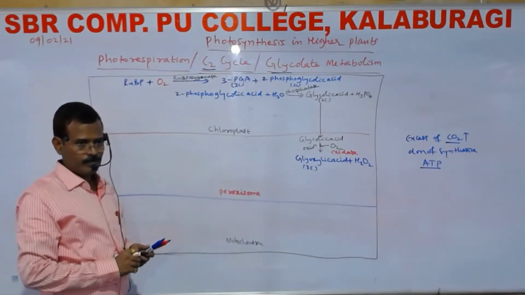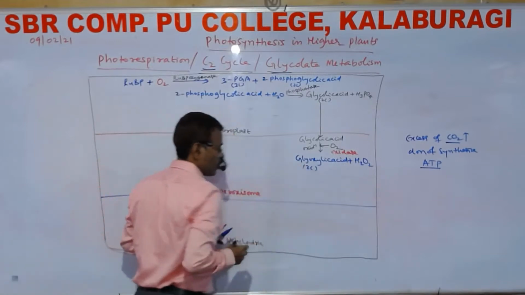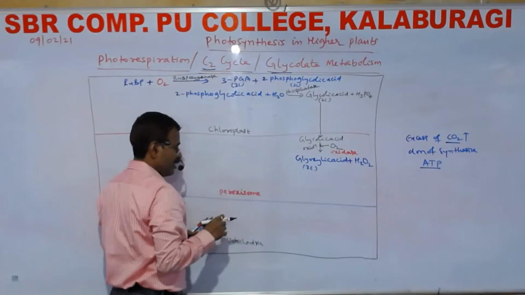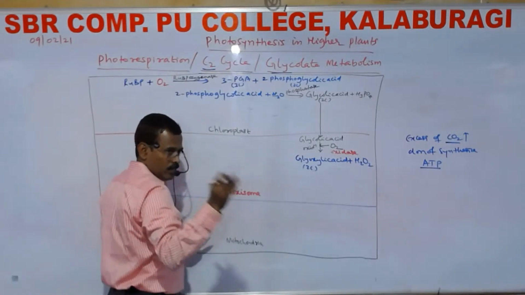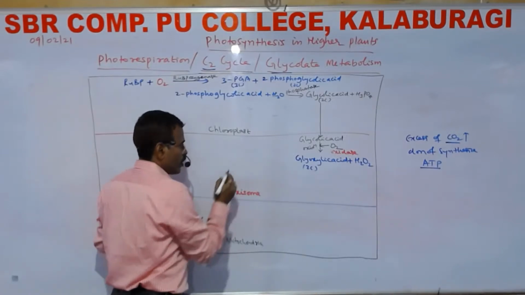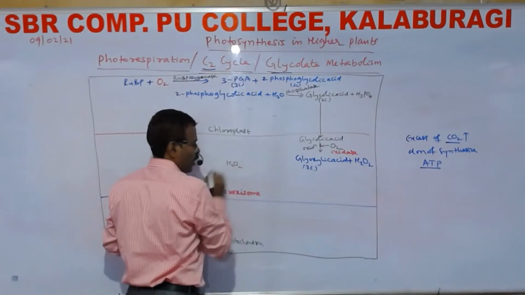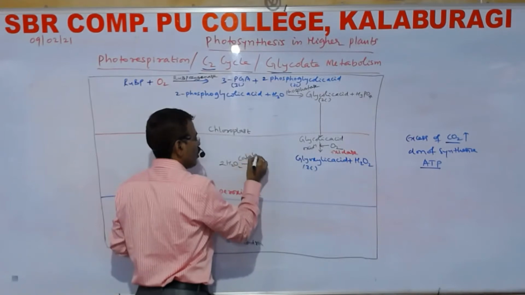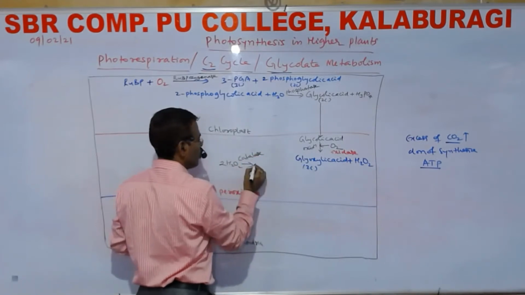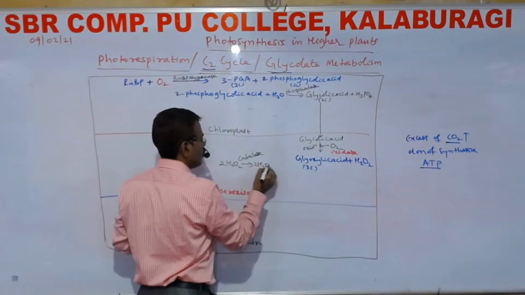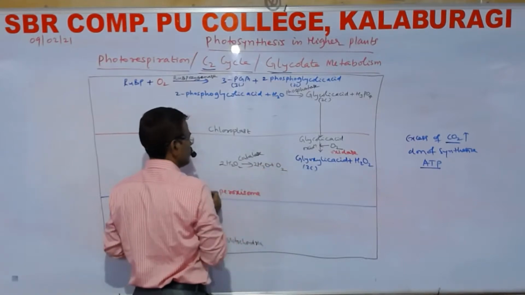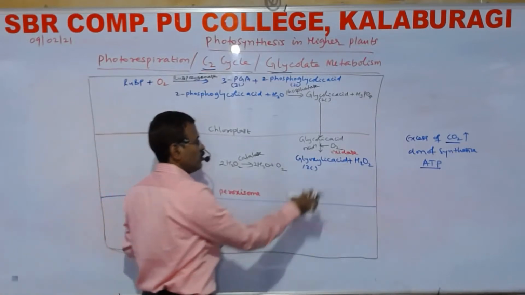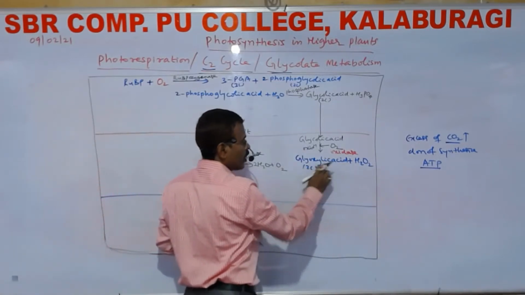This is glyoxylic acid. So the hydrogen peroxide, which is formed in the peroxisome, can break down. H2O2, in the presence of catalase enzyme, breaks down into water plus oxygen. So what is there now?